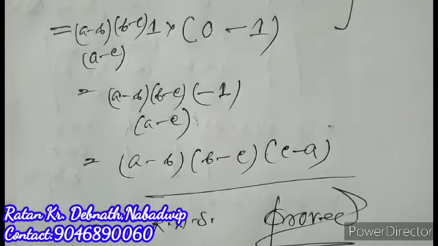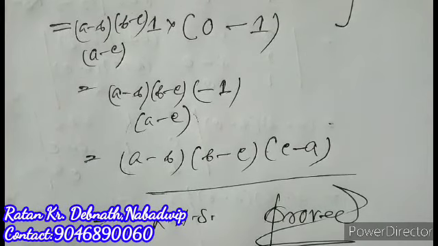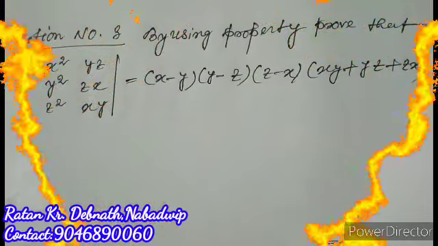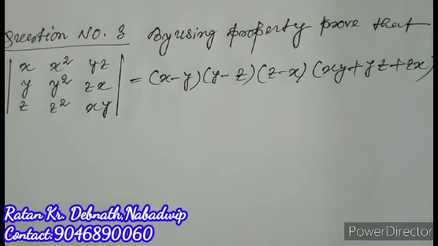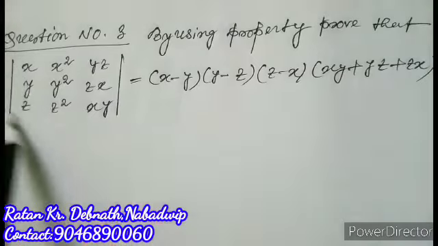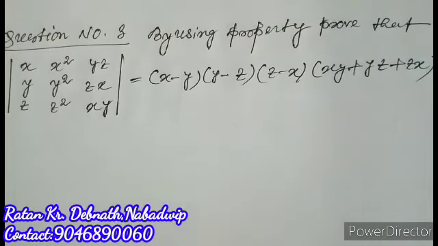I think you understood this problem. If you can't understand, see the video once again. Question number 3 is on the screen. By using properties, prove that this determinant equals this one.